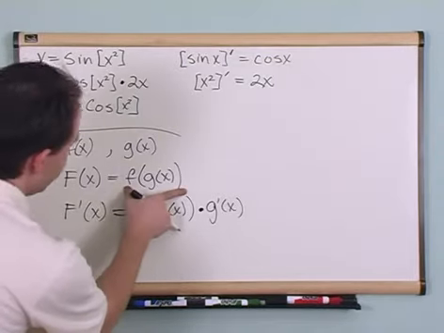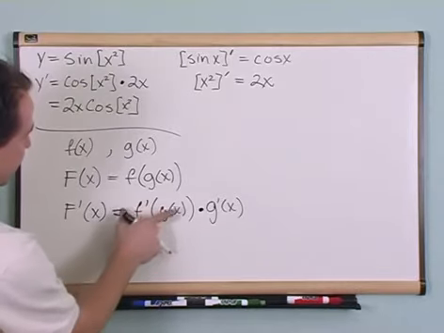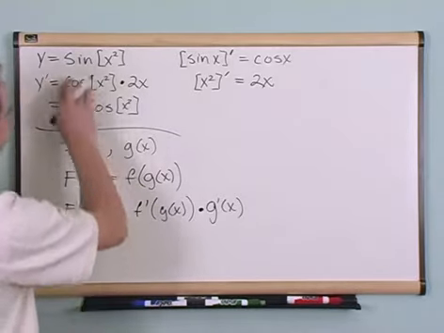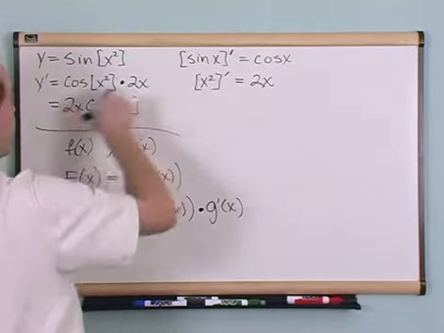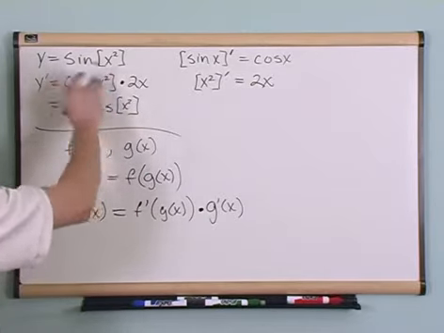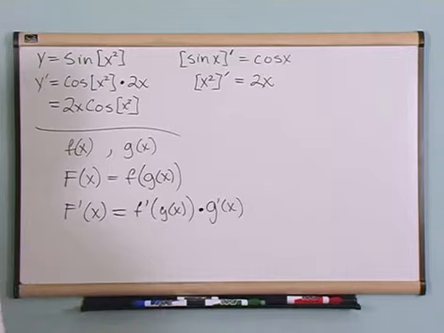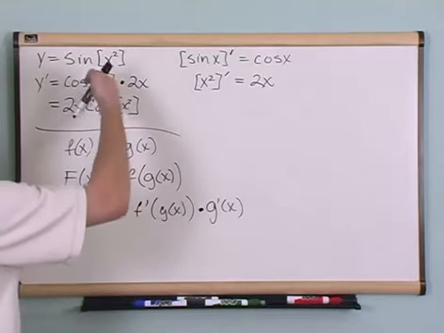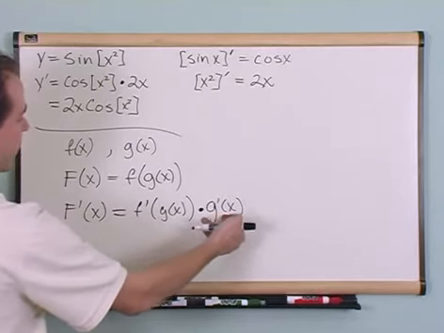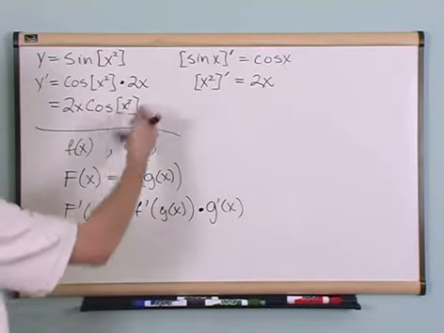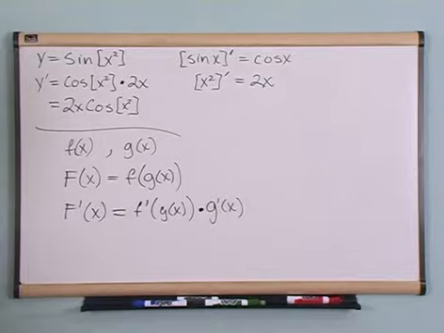You've got the big picture, the function f, and you take the derivative of that, leaving the inside unchanged, so you carry your x squared down. You know the derivative of sine is cosine, you leave your x squared alone because that's the big picture. But to complete it, you've got to take the derivative of the inside, your g of x, so you're multiplying by the derivative of g of x, which in this case is simply 2x.